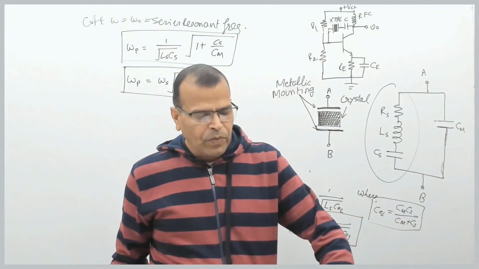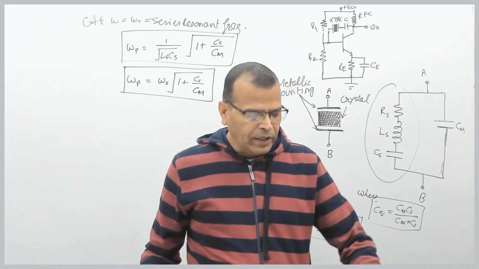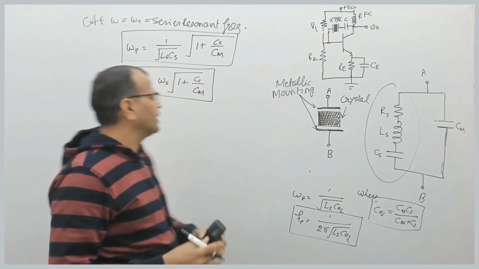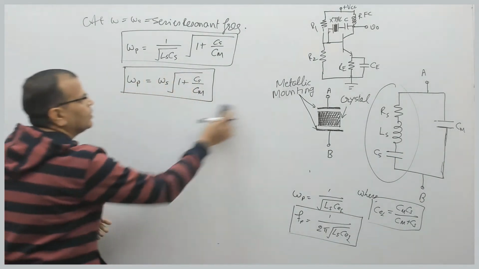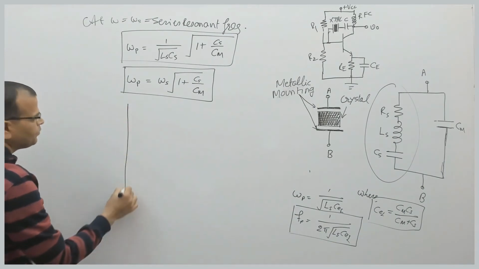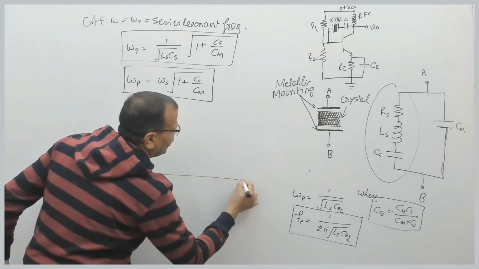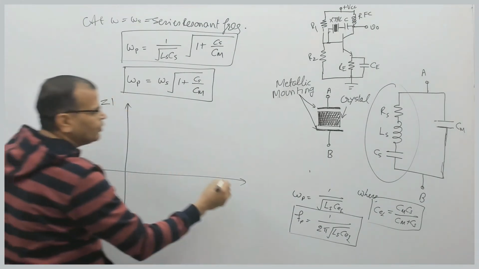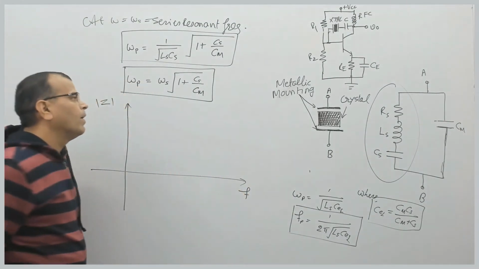So now we will try to find the variation in impedance of this circuit, right? So if you talk about impedance, remember you need to use the concept of what?